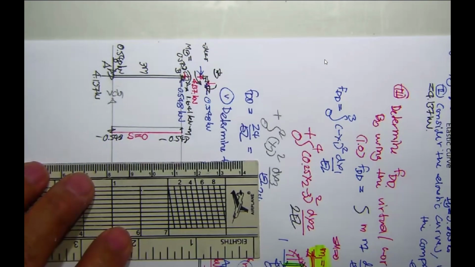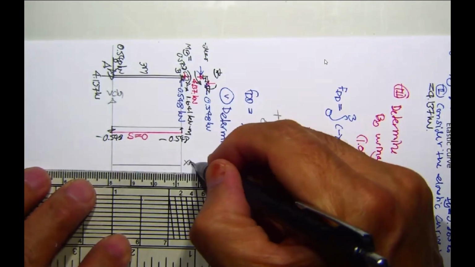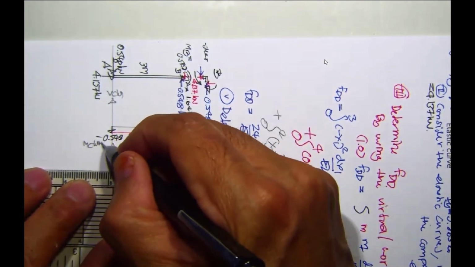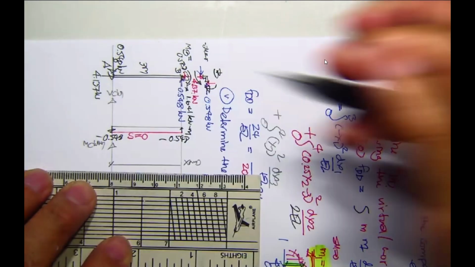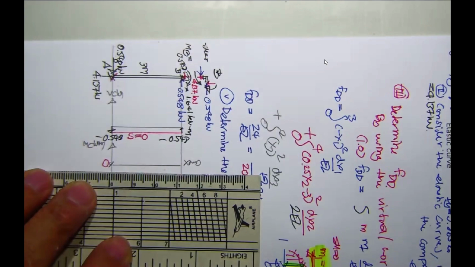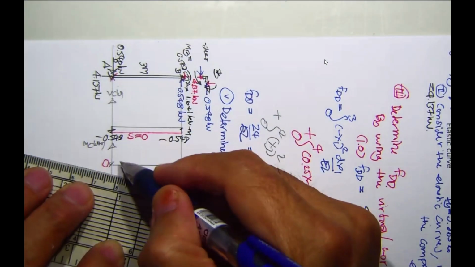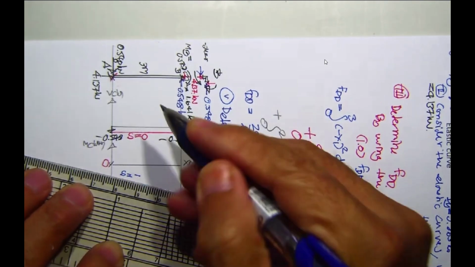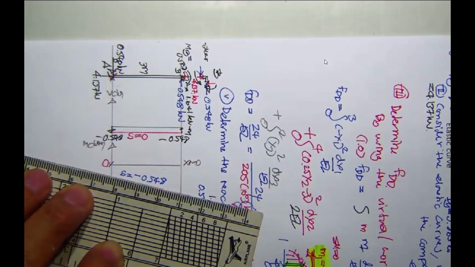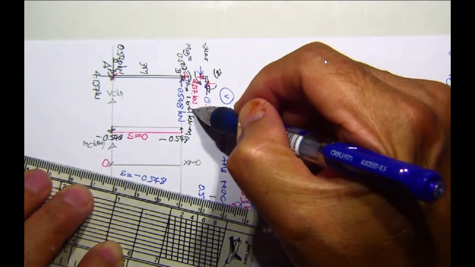And then for the moment diagram, this is x meter, and this is M kilonewton meter. Over here, this is P, no external moment, and then negative here. So S is going to be minus 0.548. And for sure, you know the moment over here, 1.641.